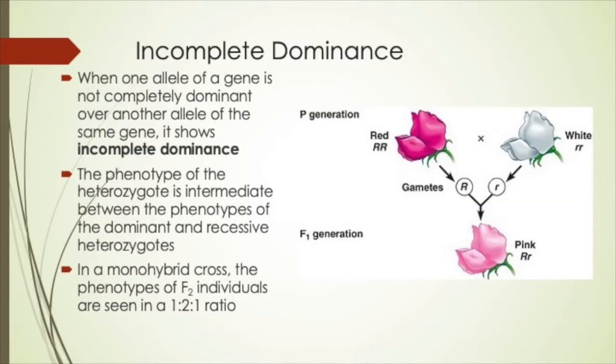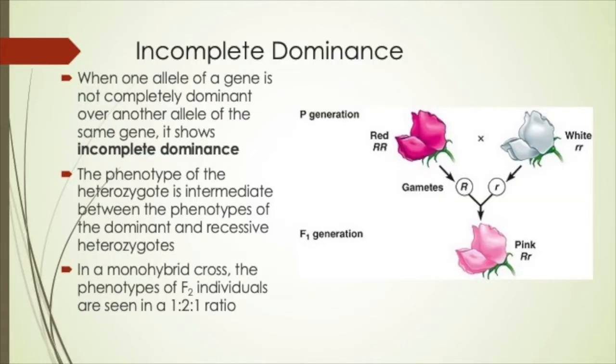There are multiple alleles, where sometimes you'll have multiple alleles of the same gene. There's epistasis that we'll talk about, polygenic inheritance, and then pleiotropy. This one's a little bit more in depth.